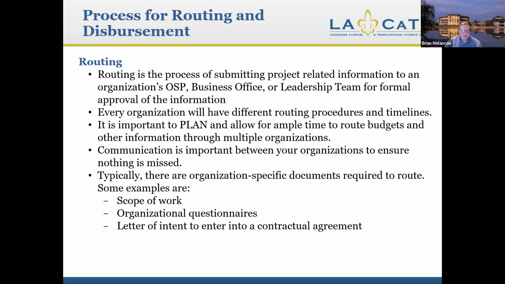Some of these may be standard in terms of the world of contracts, but there are still things that have to be filled out. So it's extremely important that, again, you plan accordingly, communicate amongst your organizations, and make sure you have the time and the right information, because the last thing you want to do is submit something and it gets delayed because you didn't know, or there was something missing that you didn't provide.